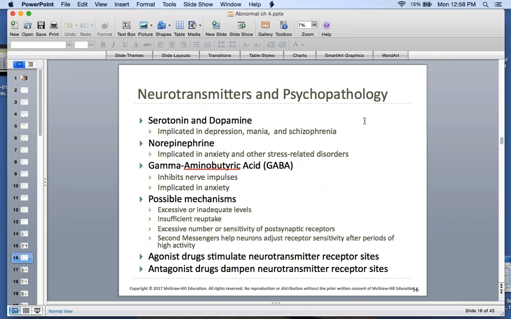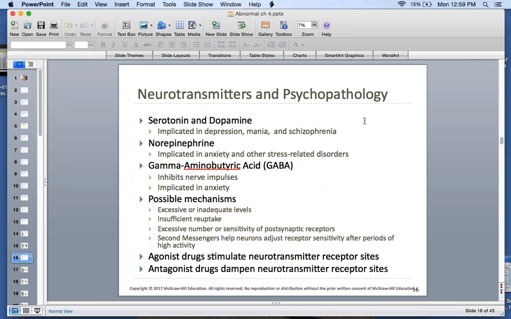Like I said, sometimes you have excessive or inadequate levels. Sometimes there's insufficient reuptake. Sometimes you have excessive numbers or sensitivity of postsynaptic receptors. Sometimes these second messengers that we won't even get into right now help the neurons adjust receptor site sensitivity after periods of high activity.